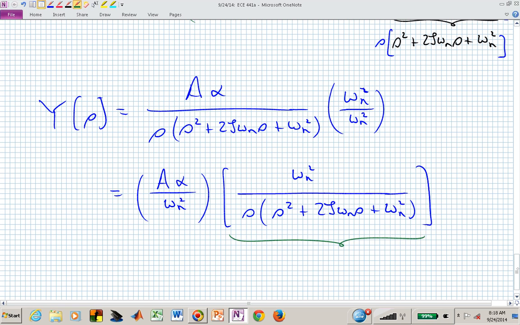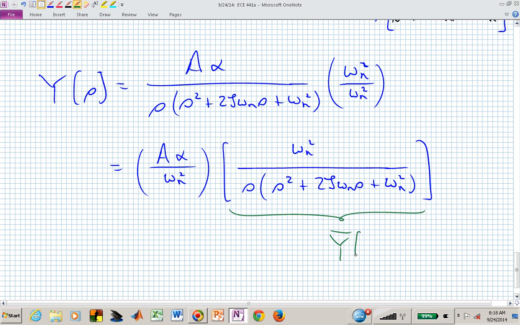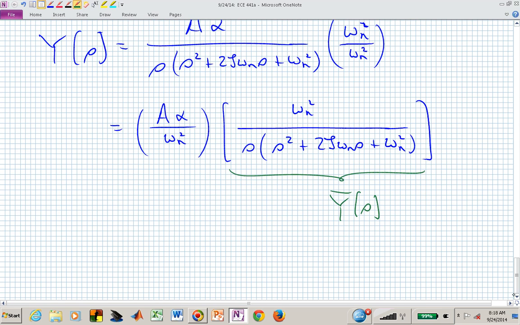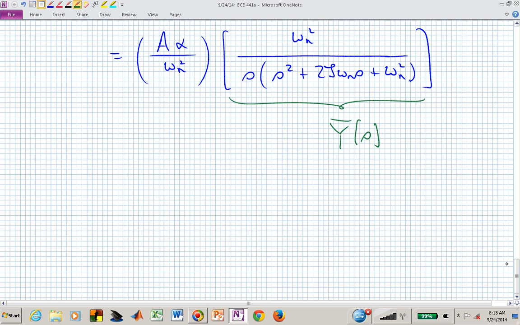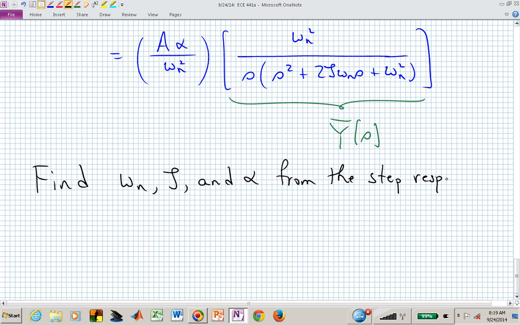And I will probably refer to this unscaled part of our expression for capital Y of S as capital Y bar of S. What we want to do now in this second order system identification process is to actually find these parameters, let's say omega sub n, zeta, and alpha, from the time domain step response.